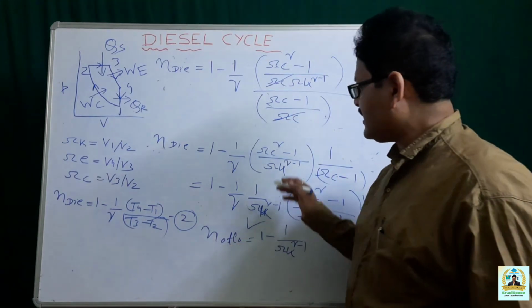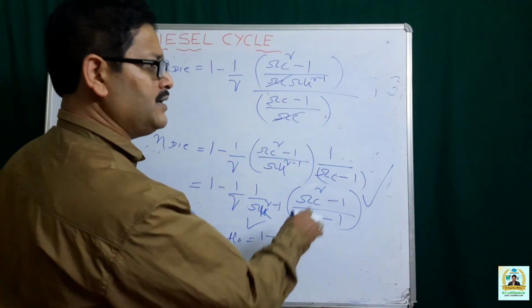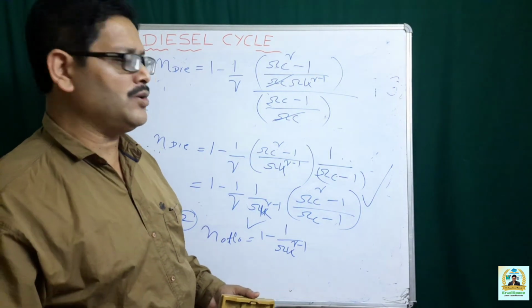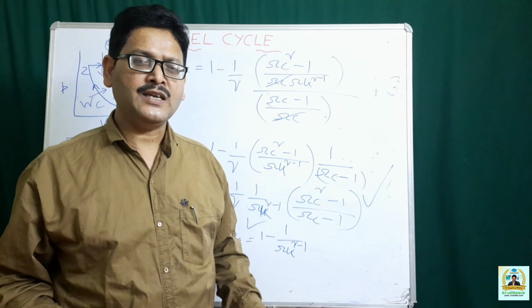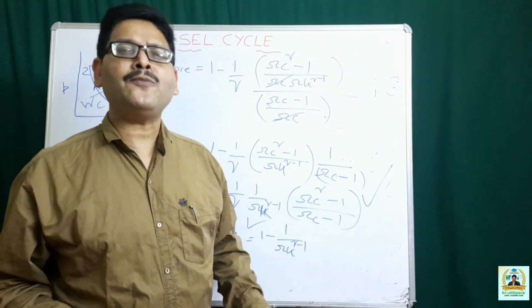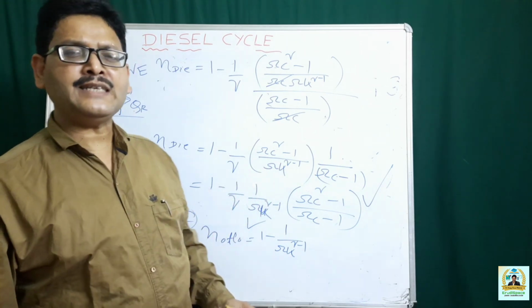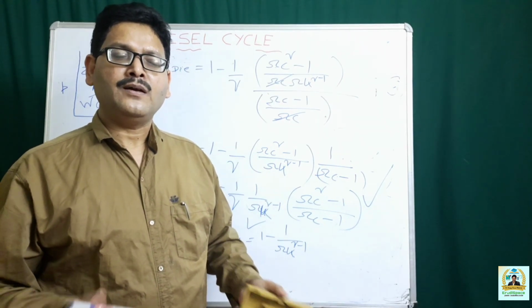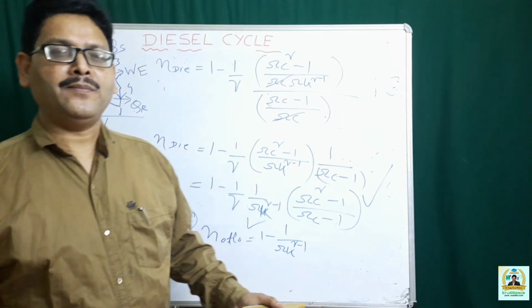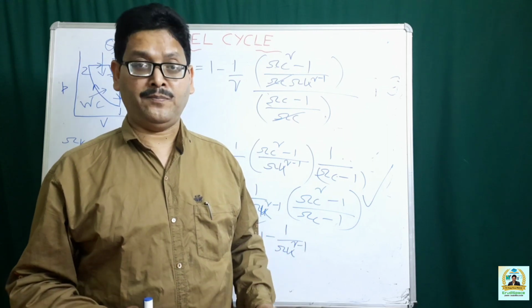So this expression sometimes creates confusion that for some compression ratio the Otto cycle gives better efficiency, but it does have the limitations that when it comes to your Diesel cycle, much higher compression ratio will not create any problem, whereas for Otto cycle it becomes a big problem.